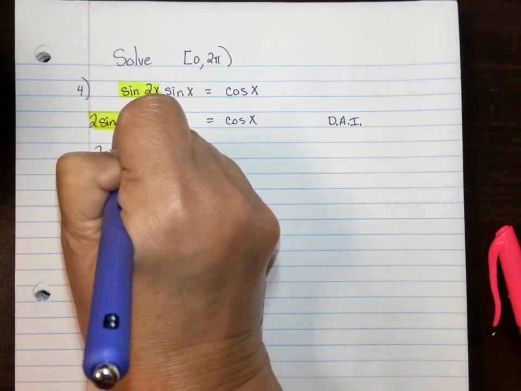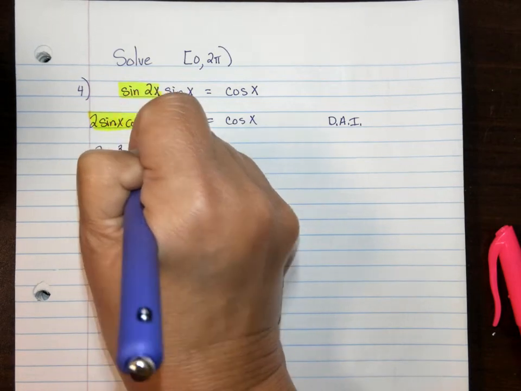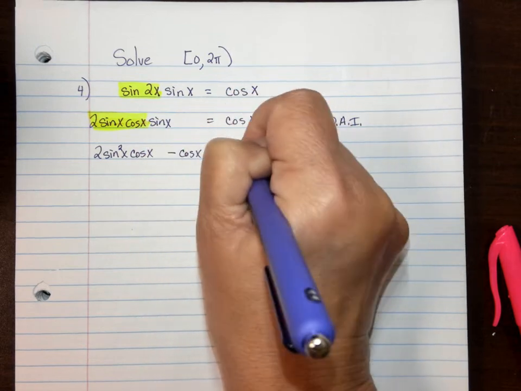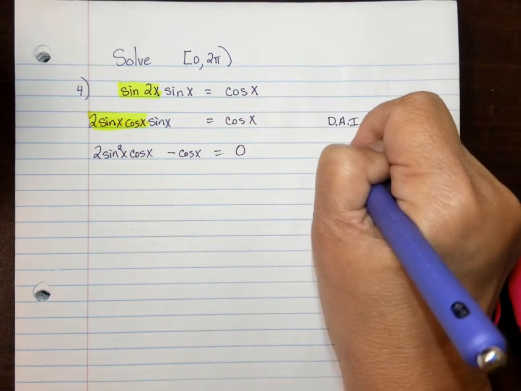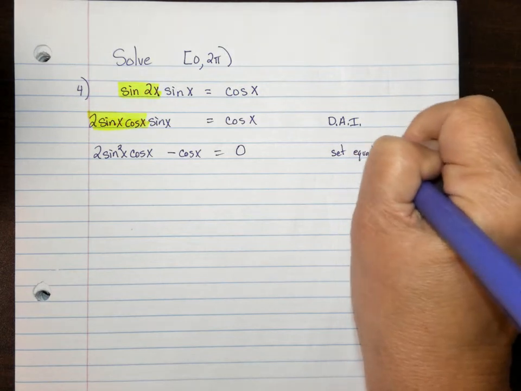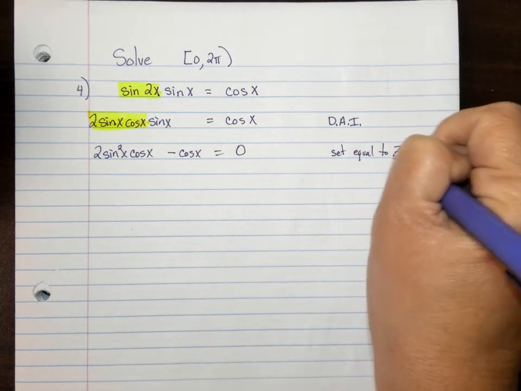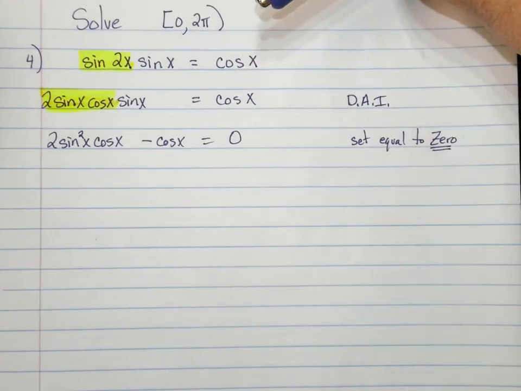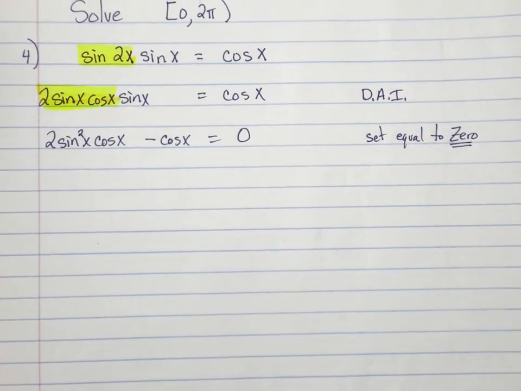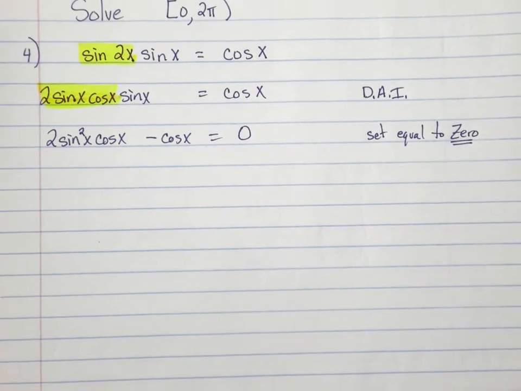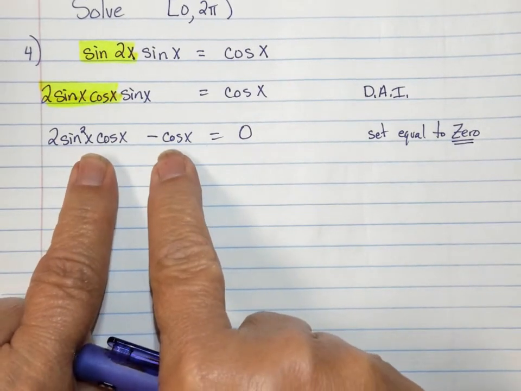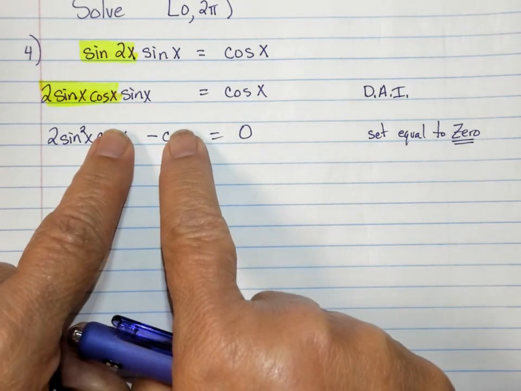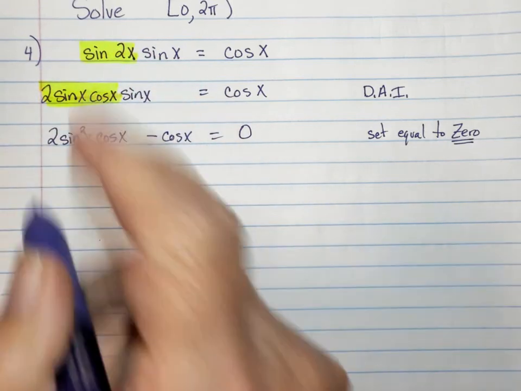2 sine squared x cosine x minus cosine x equals 0. Set equal to 0. Setting equal to 0 is a good thing because it allows us to factor. Right? So, look at your two terms. What do they have in common? See the cosine x? See the cosine x? We're going to factor out the cosine x.